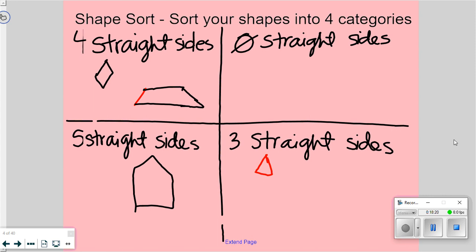Jalen, draw one that went in the 0. Bring that shape with you so you remember how to draw it. Macklin, bring a shape that we have not yet sorted and put it in the category it belongs in. Good, Jalen.